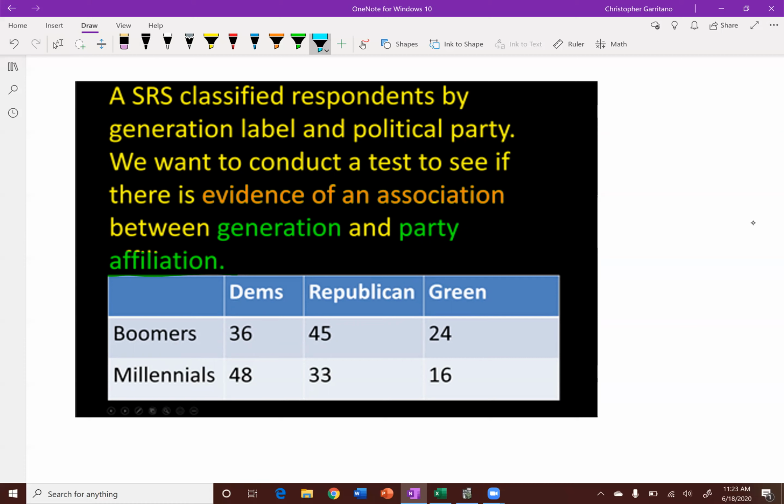What we're doing is we're simply taking a SRS of people, and each person that gets plucked out of the population that responds to this survey is answering questions and being identified in two different ways: what generation are they from and what party affiliation do they prefer.